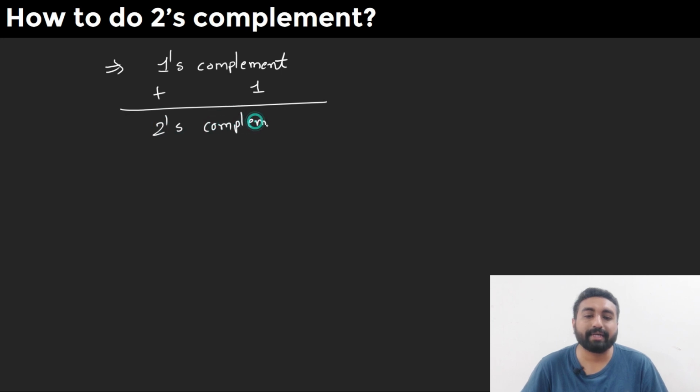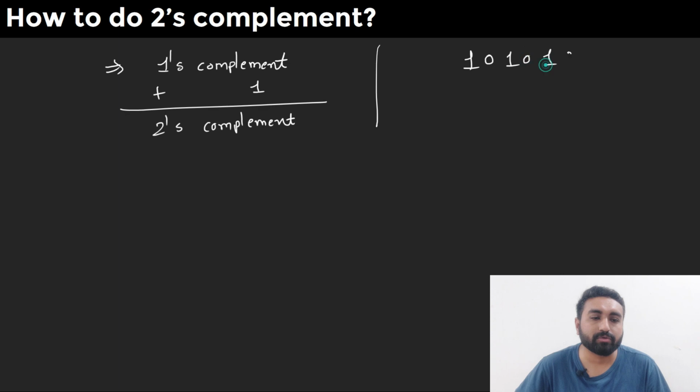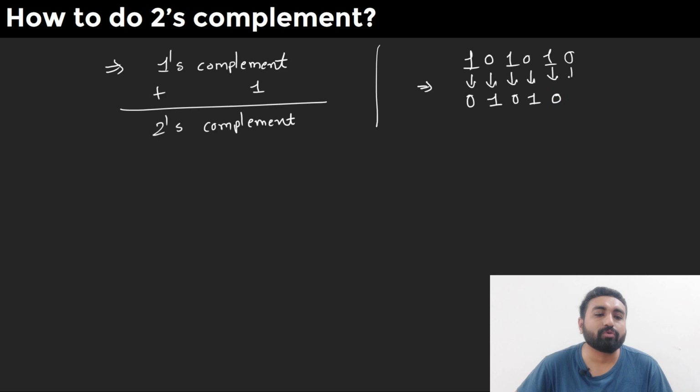Okay, so we'll take any number and get its 2's complement. Let's say we have the number 101010. To get its 1's complement we just need to reverse the bits. So 1 becomes 0 and 0 becomes 1. So our 1's complement is 010101.